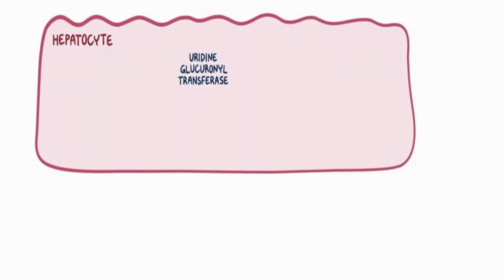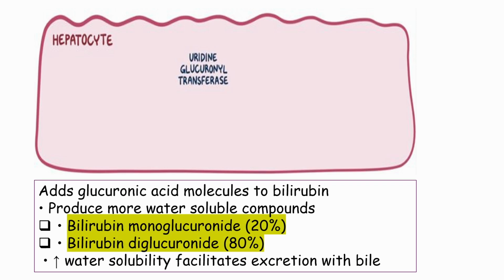In the liver, the bilirubin undergoes a process called conjugation, by which it becomes water soluble. The enzyme responsible is uridine glucuronide transferase. This adds glucuronic acid molecules to bilirubin, forming mainly bilirubin diglucuronide, and 20% forms bilirubin monoglucuronide as well. This results in more water-soluble forms of bilirubin.